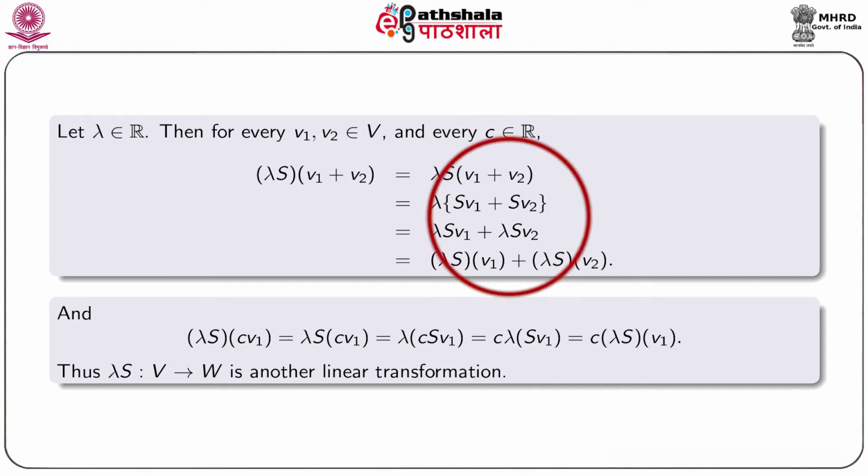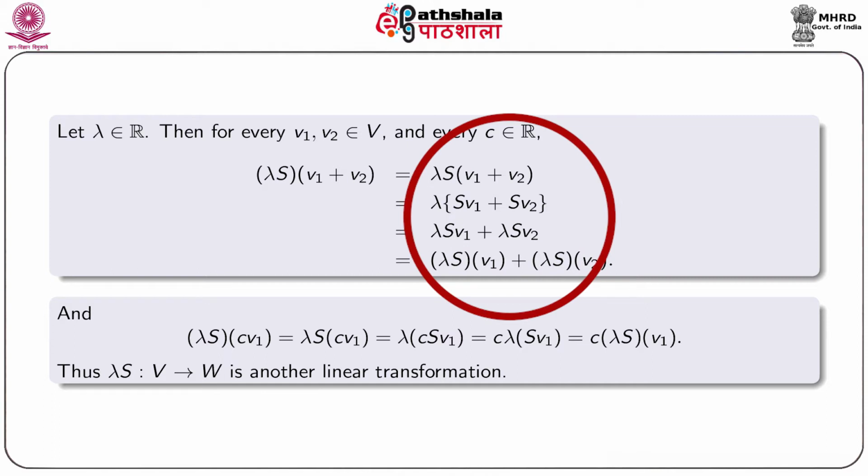Lambda S operated on V1 plus V2 equals lambda times S of V1 plus V2. This follows from the definition of lambda S. Now, using linearity of S, we can write this as lambda times S V1 plus S V2. So, this equals lambda S operated on V1 plus lambda S operated on V2.